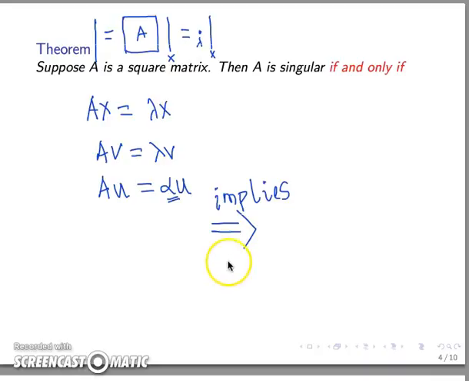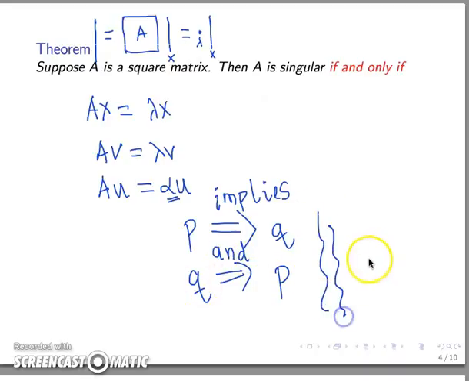That would be something like P implies Q, for example. But you could also have that Q implies P. And when you have that P implies Q and Q implies P, then you would write P double arrow Q.